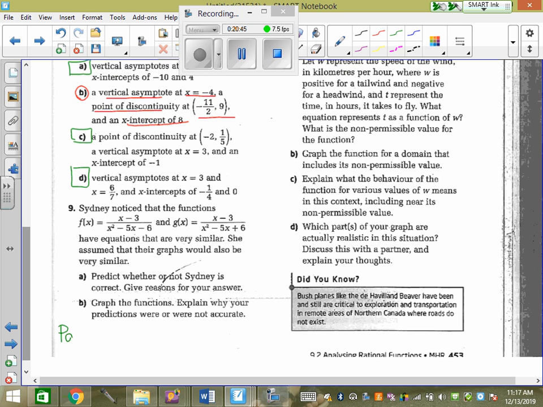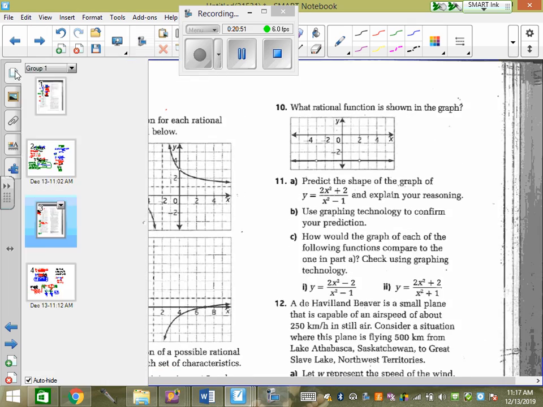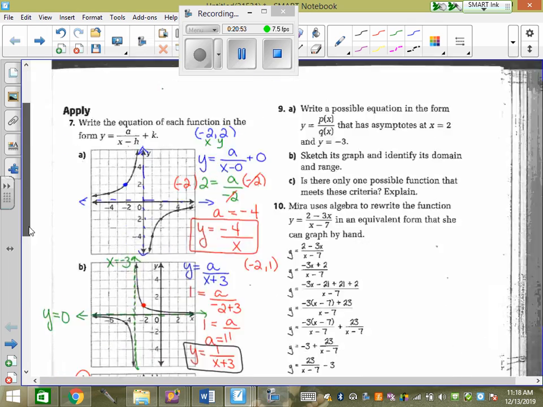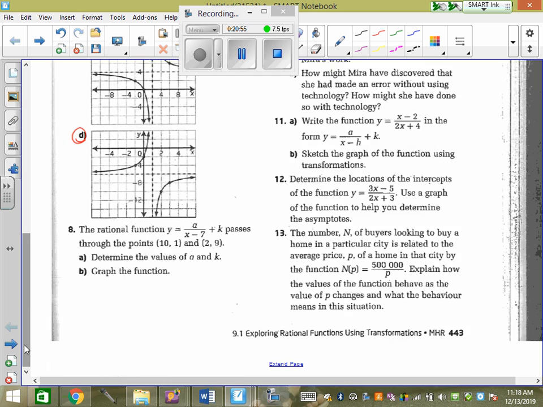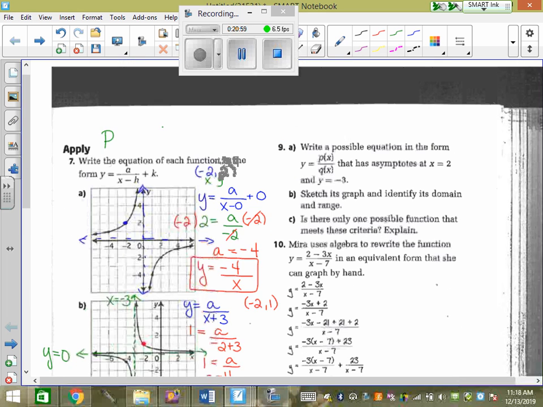Page 453 is this one in your textbook, 7 and 8. And the other one is page, it's an earlier page, 443. They look like they're together, but they're not. Page 443. They're from 2 separate lessons.